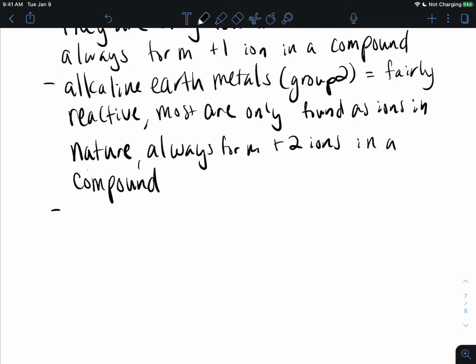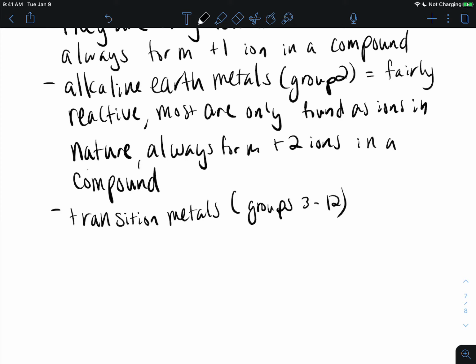Our next metal group are our transition metals. And these are groups 3 to 12. And they're going to have a lot of variability.